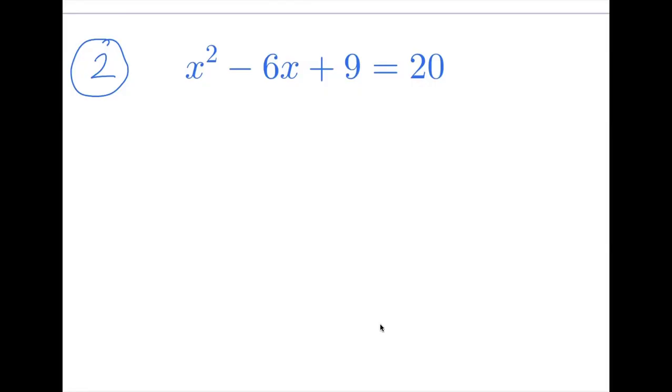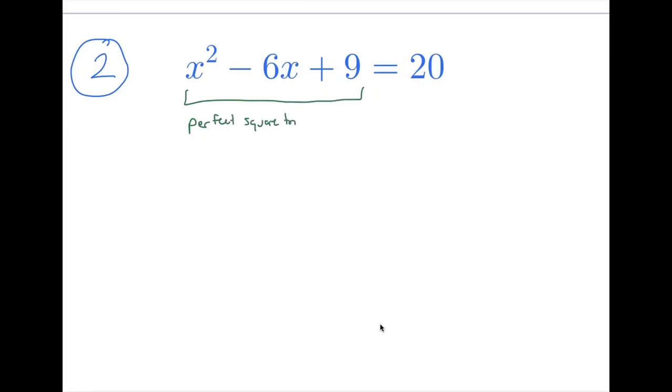Now, for this particular problem, what you may realize is that it already has a perfect square trinomial. This right here, x squared minus 6x plus 9, is considered a perfect square trinomial.